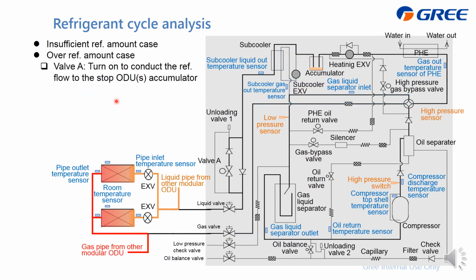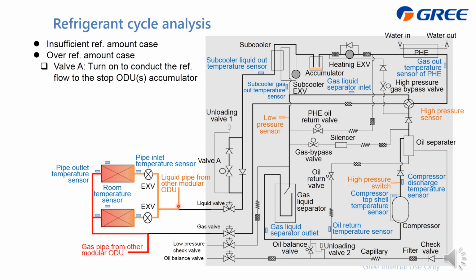And next, if we find there is too much refrigerant in the operating cycle, how can we conduct this excess part into the stopped outdoor unit accumulator? And this time is also very easy.